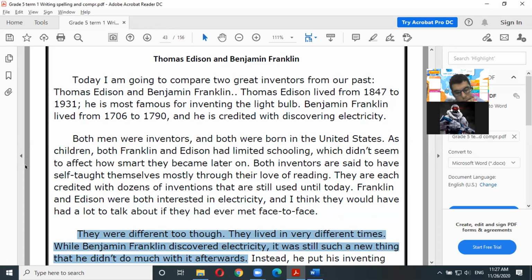While Benjamin Franklin discovered electricity, it was still such a new thing that he didn't do much with it afterwards. Very good.